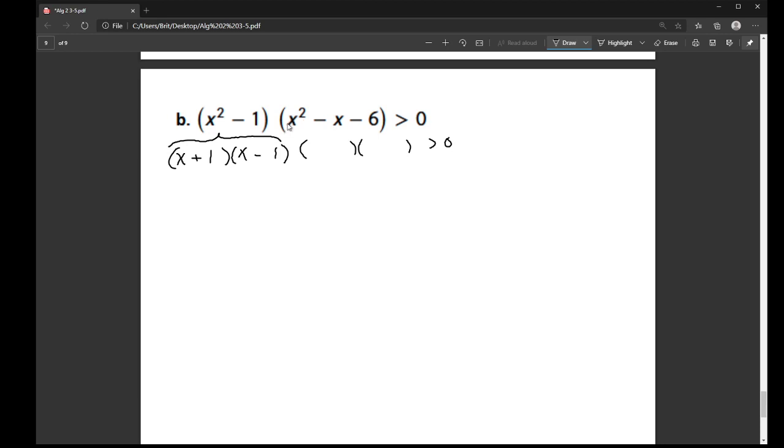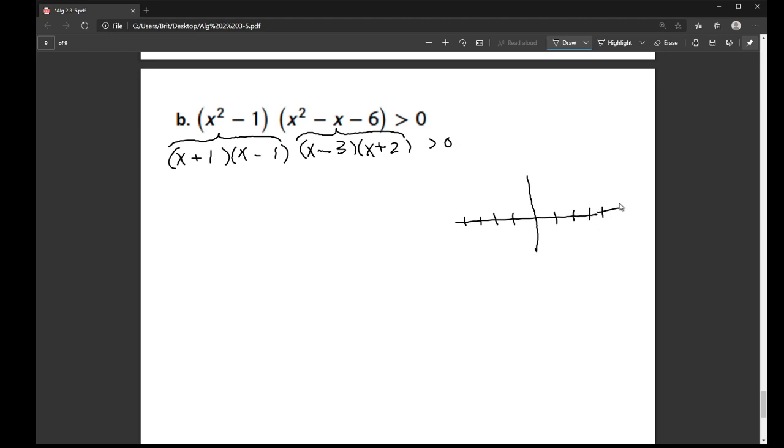That's because there's no number in front of x squared, so I'm going to put an x and an x. I drop down my first sign. And to get a negative 6, I have to have opposite signs, so this one needs to be a plus. And then what multiplies to make 6 and subtracts to make 1? Well, that would be 3 and 2. So that's not so bad at all.